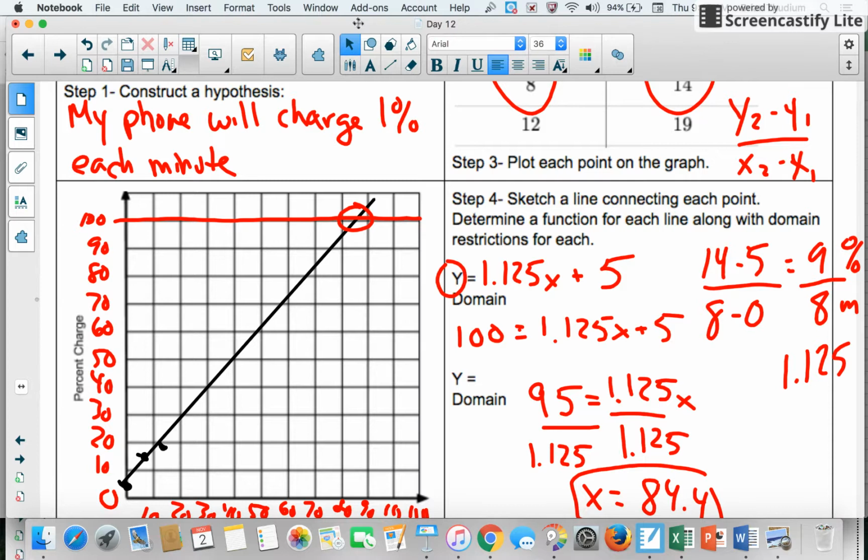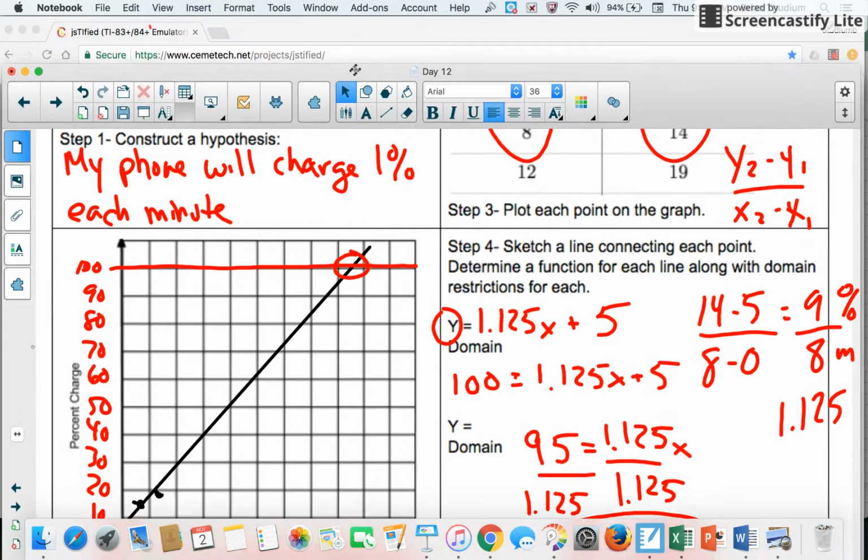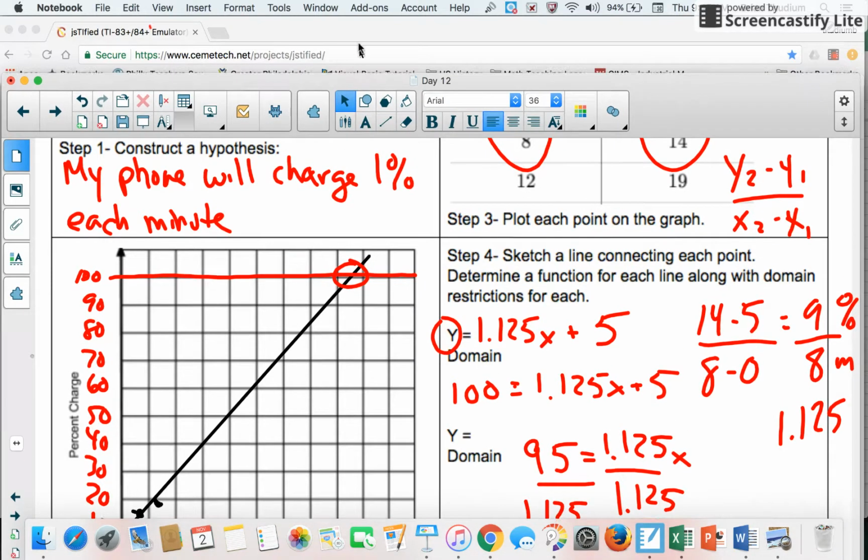Then we moved on to using a calculator to figure out the line of best fit, and that's called a linear regression. So that's what we did on Wednesday and Thursday.